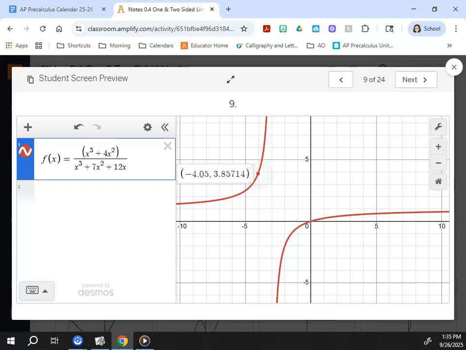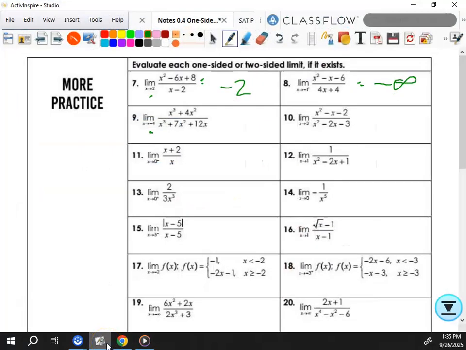What's that y value? +4. The x value is -4. The y value is +4. This is your x value. Your answer is the y value, the output. We good so far?